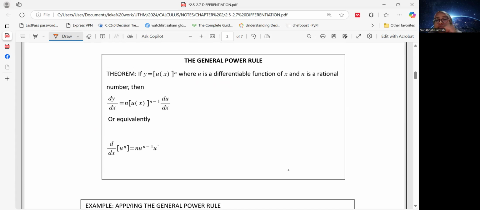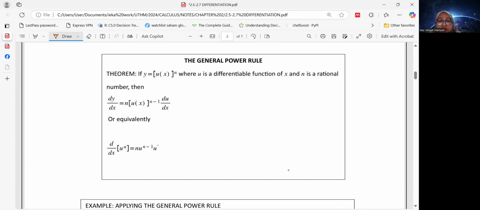Next is the general power rule. If y is equal to [u(x)] to the power of n, where u is a differentiable function of x and n is a rational number, then dy/dx is equal to n times [u(x)] to the power of n minus 1 times du/dx.